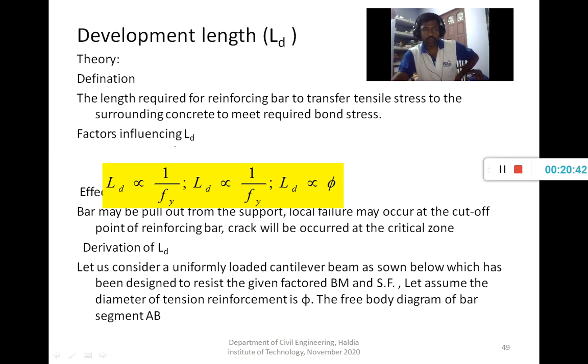Now what are the factors which influence development length?